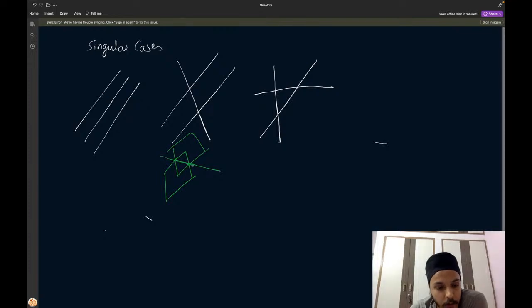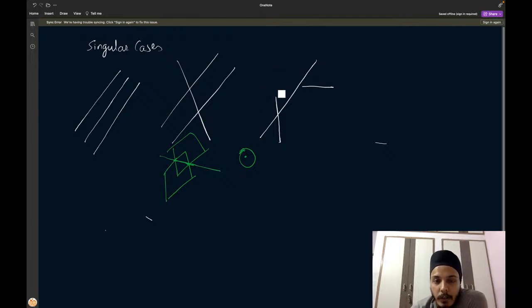So we will have infinitely many solutions. Similarly, the only case that remains for a 3D equation to give us a solution is that three planes intersect at a single point to give us a solution. Else all other cases will be the singular cases.